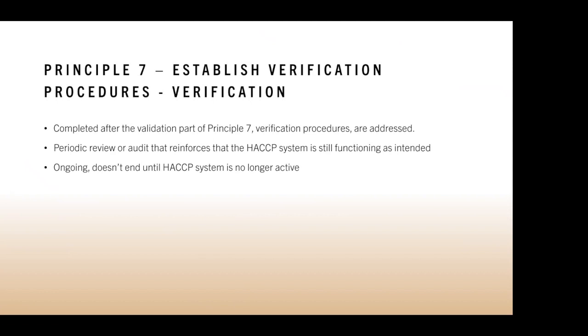It is important for both verification and validation that those conducting the review process are properly trained to complete these tasks. If an item is overlooked and is a significant hazard, someone may be hurt or get sick. These verification procedures are ongoing and they do not end unless the HACCP system is no longer active at the facility.